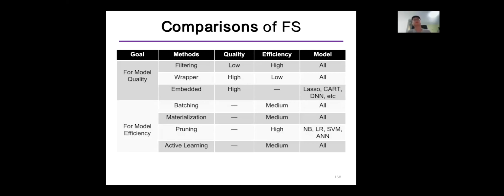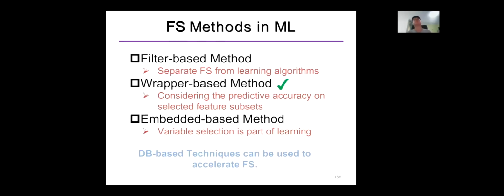Since model efficiency does not influence model quality, we just care about the efficiency in the second part. So first, let's briefly talk about the feature selection methods in the machine learning community.